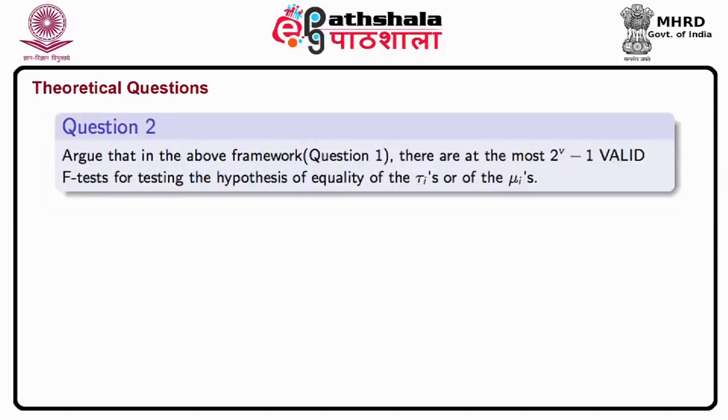Another question is, argue that in the same framework as above, there are at most 2 to the power v minus 1 valid F-tests for testing the hypothesis of equality of the tau i's or of the mu i's.